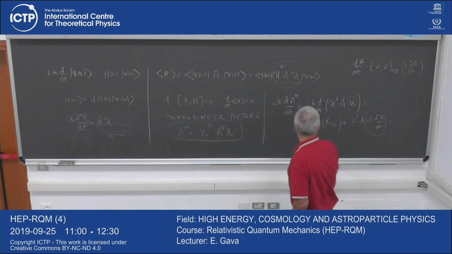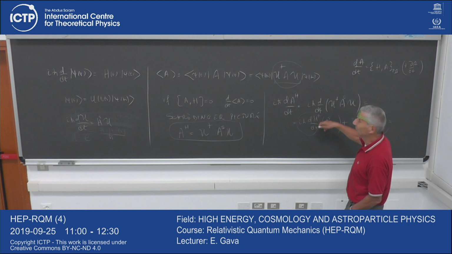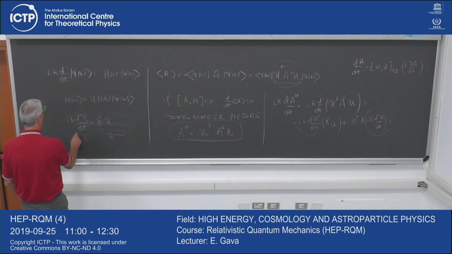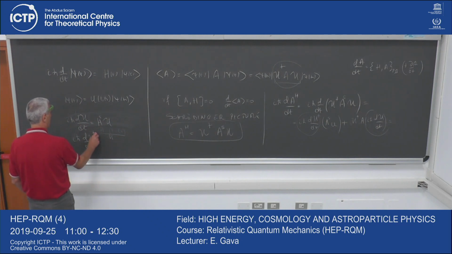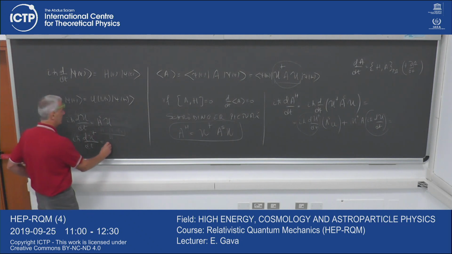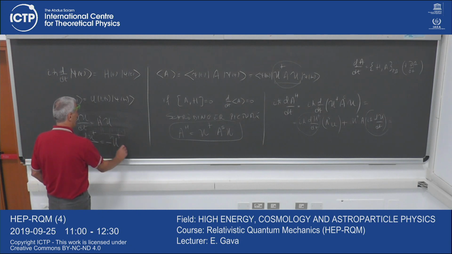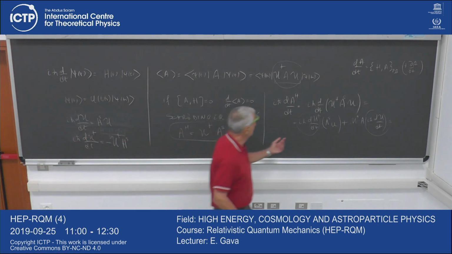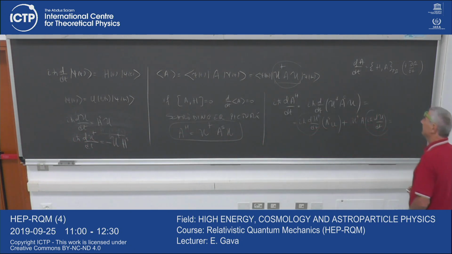On the other hand, we have the action on U†, so we have to take the Hermitian conjugate of that. So iħ dU†/dt is minus, because of the i here, minus U† H, right? H is Hermitian. So you have to use these two equations: you substitute this one here and this one here.